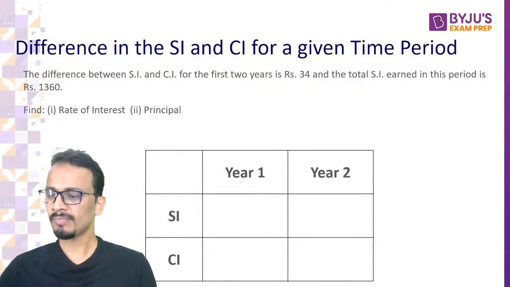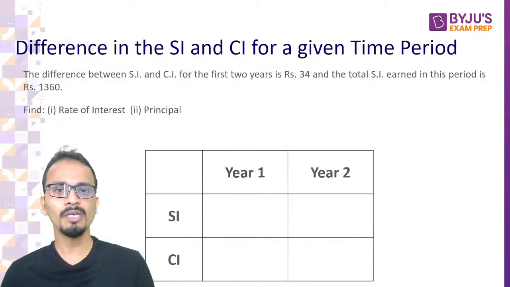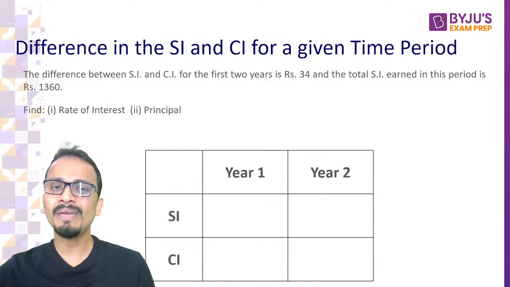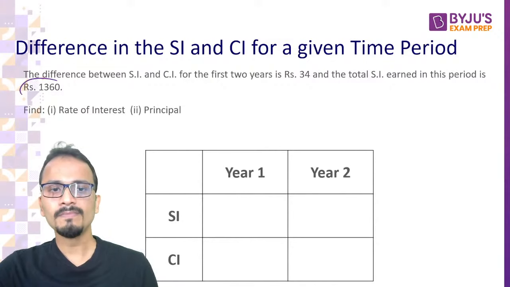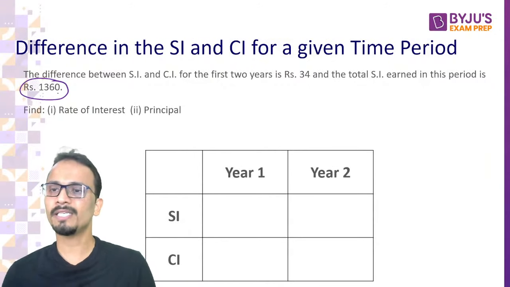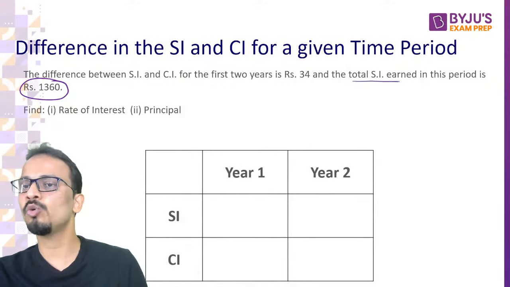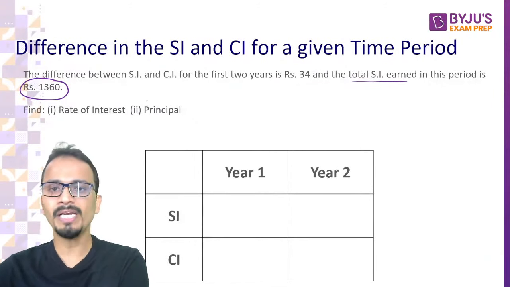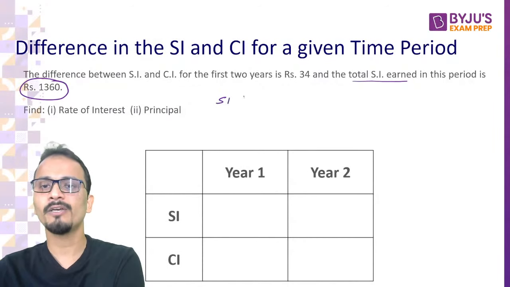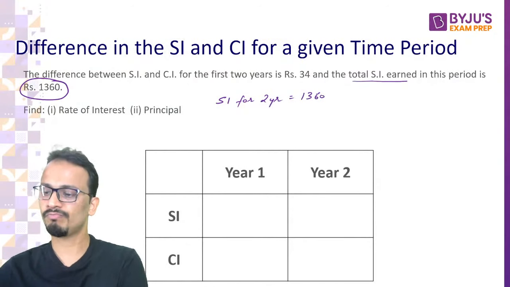Now let's fill this table using some of the basic elementary things that we know about simple and compound interest. The first thing that I will use is this number 1360, the total simple interest earned in 2 years. So SI for 2 years is given as 1360.